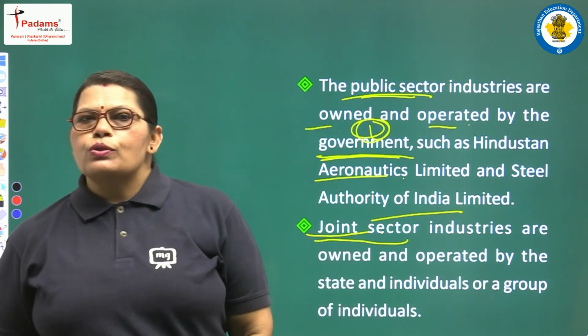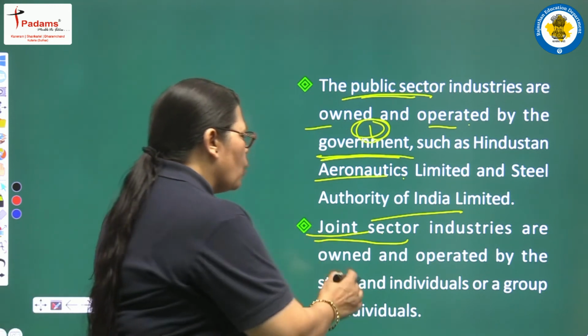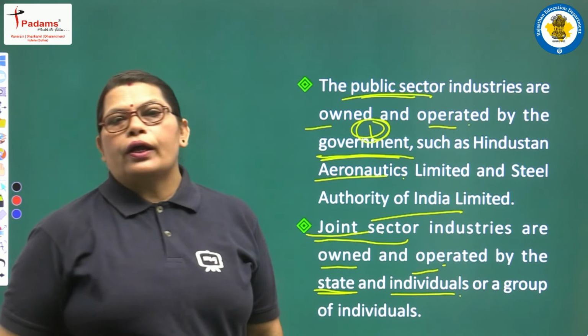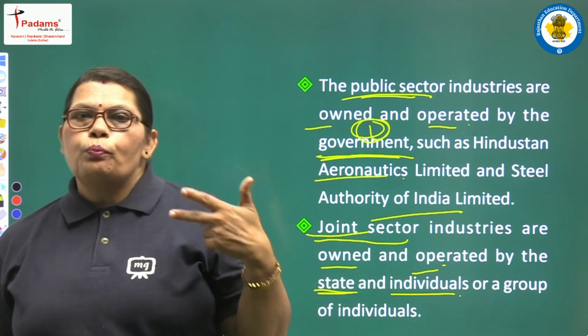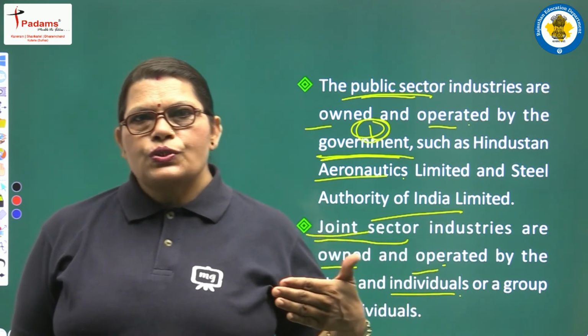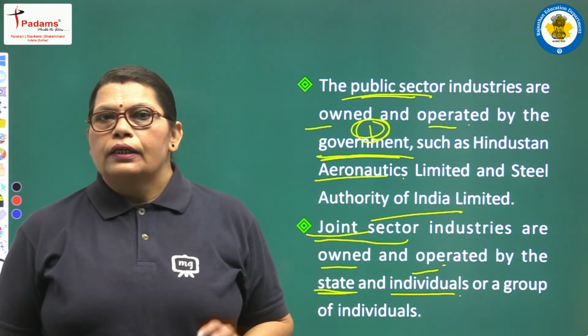When we are talking about joint sector industries, joint means owned and operated by the state as well as individuals or a group of individuals. It means when two people or groups of people join for the purpose of industry, that type of industry is a joint sector industry.